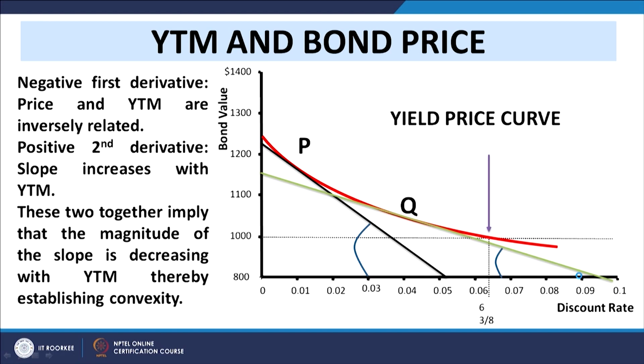The second feature, which is more important, is the positiveness of the second derivative, which shows the existence of a curvature, which shows that the relationship is not linear. There is a curvature effect attached to it, which is captured by the second derivative.